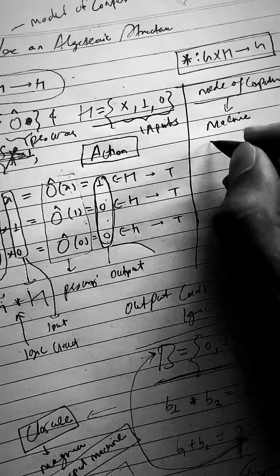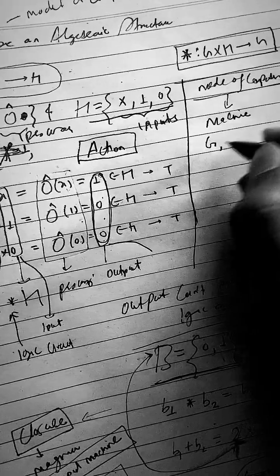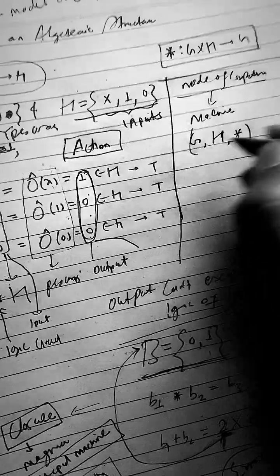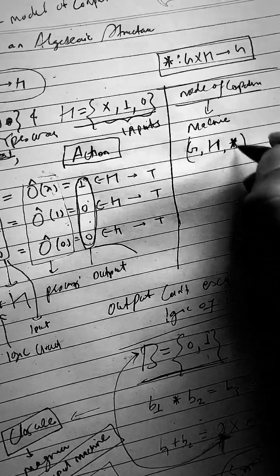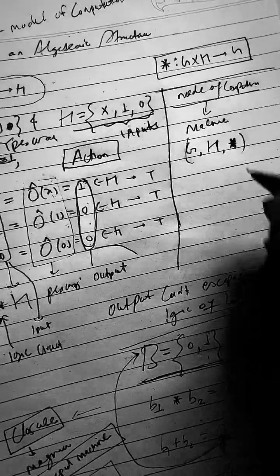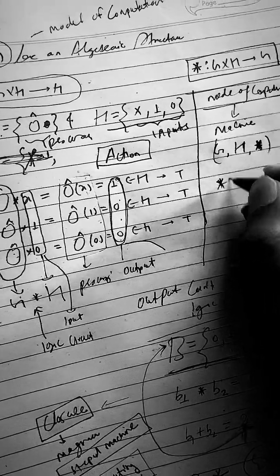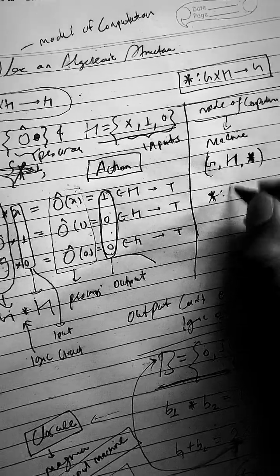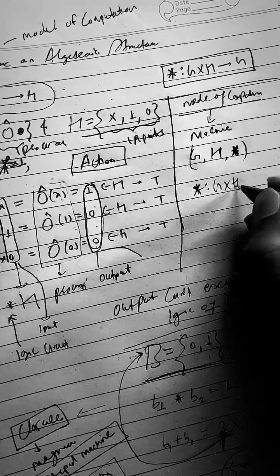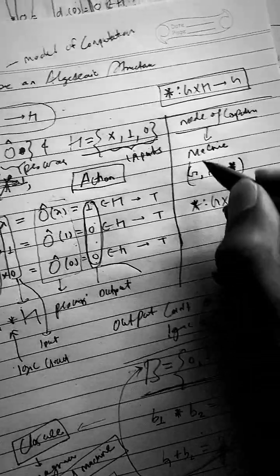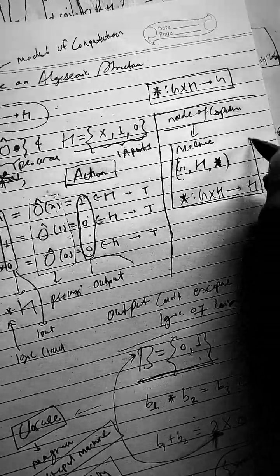We have the machine, some input data, and a processor with processing logic here, the star. This logic does two things: it takes the Cartesian product G cross H and produces G. Now all modes of computation should follow this structure.